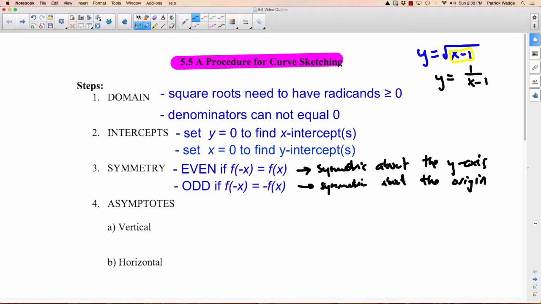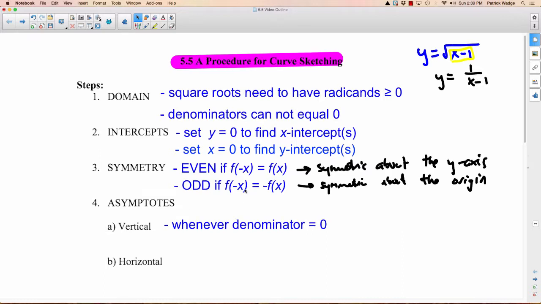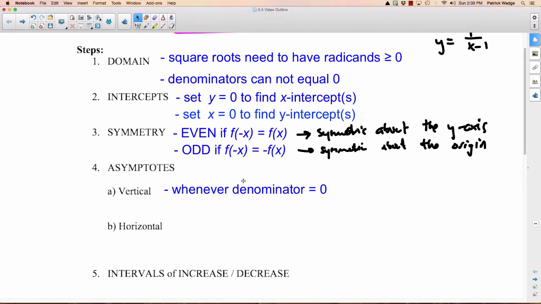Okay, asymptotes. There's two different asymptotes, actually three, but we'll get to the third type in a next section. There's vertical asymptotes, and this is whenever the denominator equals 0. And you have to remember that when you do find a vertical asymptote, you also want to look at what happens on either side of that asymptote, whether it's tending towards infinity or negative infinity.